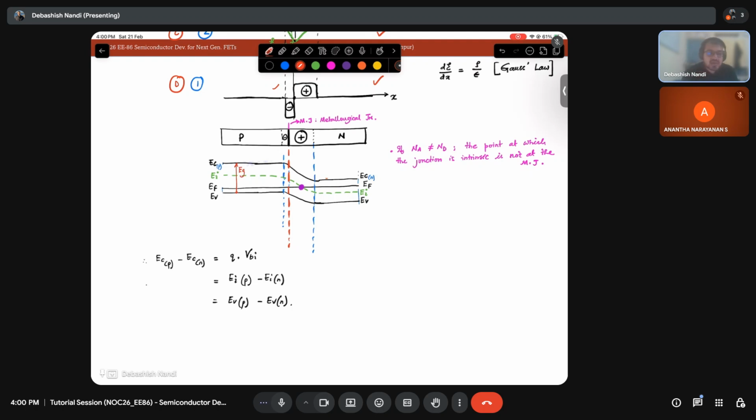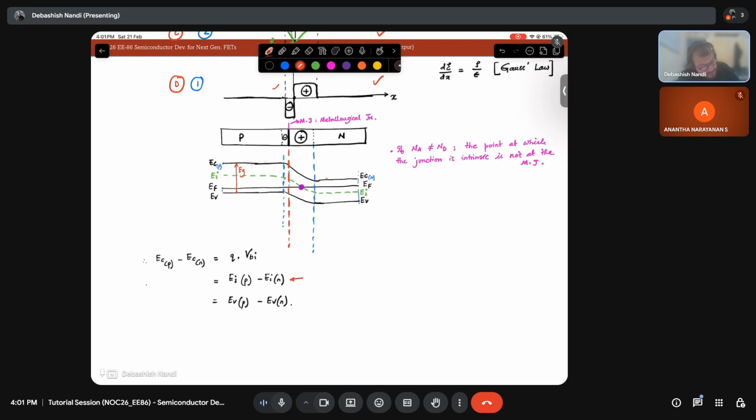It does not have anything to do with the type of doping. So Eg will be constant throughout X, even in the depletion region, because the base material is silicon. We discussed this in the first class. So I'll take this one, because it is much easier to discuss.